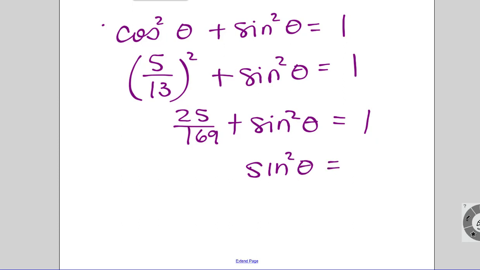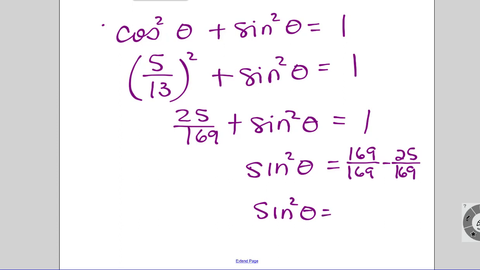While I'm doing that, I'm going to rewrite 1 as 169 over 169. Okay? So we get sine squared theta is equal to 144 over 169. Or if we take the square root of both sides, we get that sine theta is equal to 12 over 13.